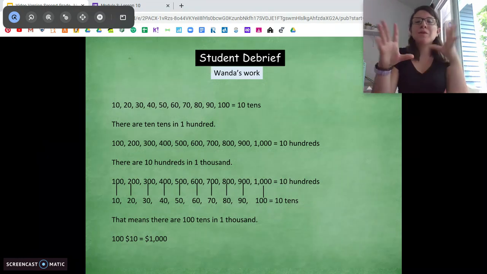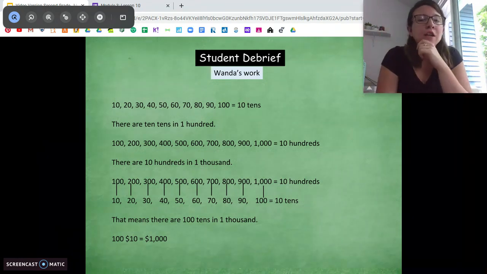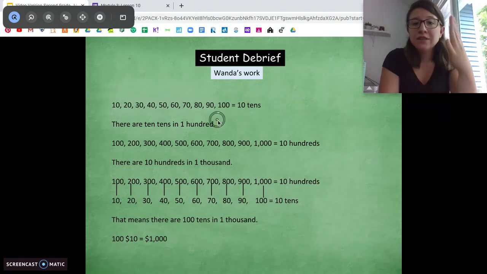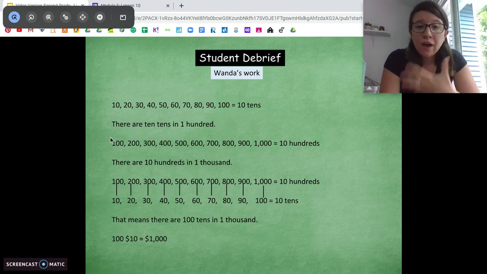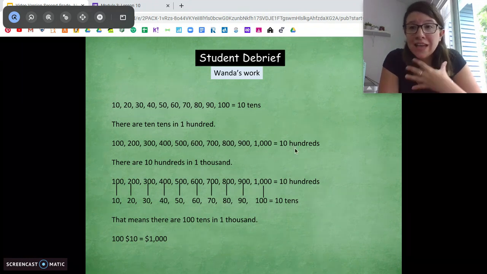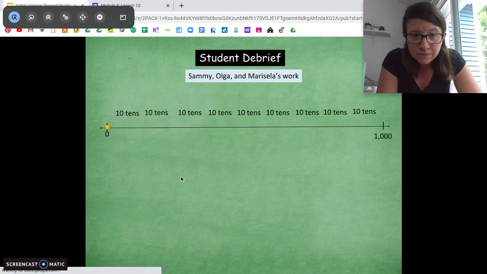Got it? So Wanda's work has a lot more numbers in it. She started by counting to figure out how many tens there were in 100. 1, 2, 3, 4, 5, 6, 7, 8, 9, 10. There are 10 tens in 100. Now, if we count by hundreds, 1, 2, 3, 4, 5, 6, 7, 8, 9, 10, there are 10 hundreds in 1,000.